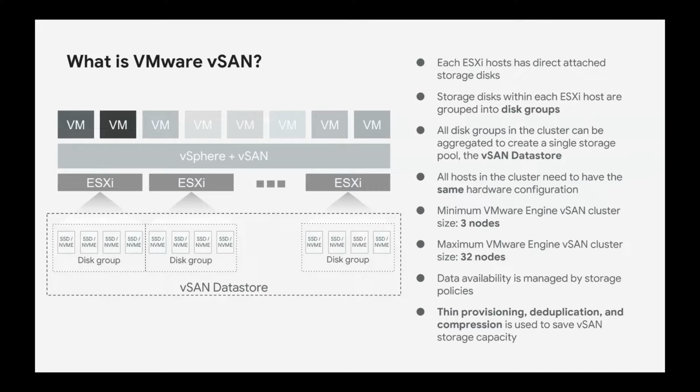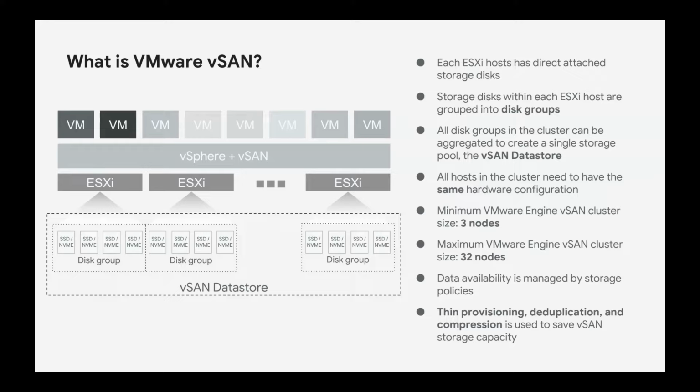Essentially, all the disk groups from all the nodes in a cluster are combined into a single vSAN data store spanning the entire cluster. To ensure a balanced configuration, all nodes in a cluster must be of the same hardware type. For example, a cluster that consists of both VE1 and VE2 nodes is not supported in a VMware Engine private cloud. When it comes to data protection, vSAN doesn't rely on hardware RAID within each individual ESXi node.